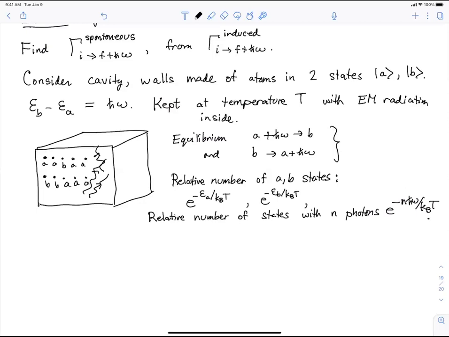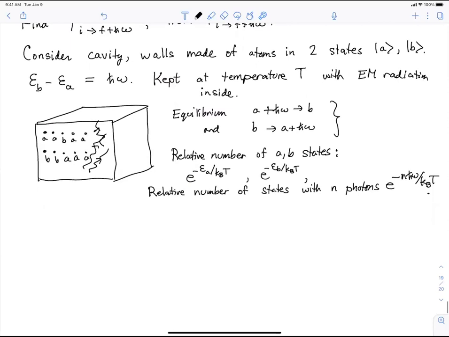Okay, so the first thing we're going to do with that Boltzmann factor information is for a given photon mode. We're just going to imagine that we're fixing the frequency and the polarization, and we're going to calculate the average number of photons in it.